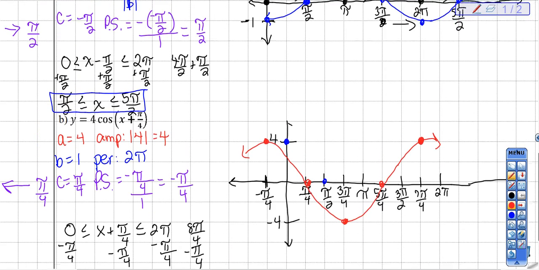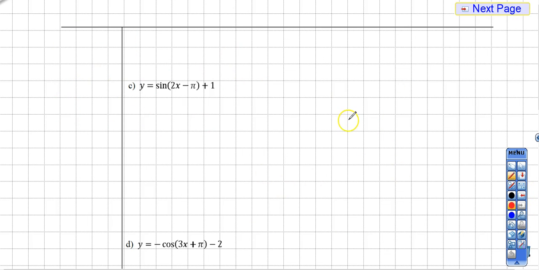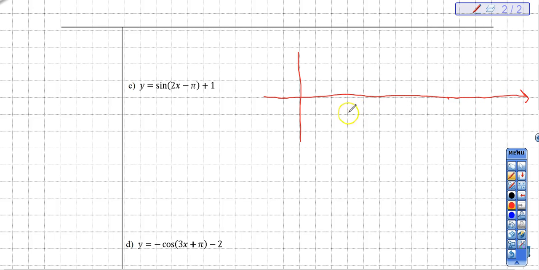Are you hearing me? Pi over 6. Let me get some free space here. Don't worry about that, that's tomorrow's notes. So say you have a phase shift of pi over 6. When you go to create your x-axis, make sure that pi over 6 is actually on a tick mark.